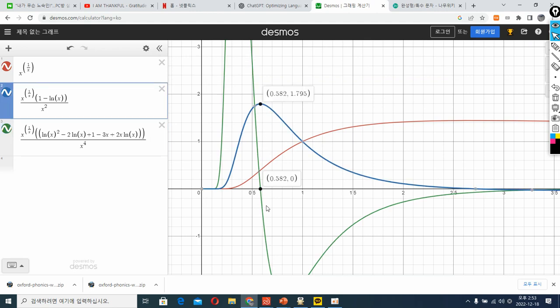Yep. So there is an inflection point when x is 0.582.